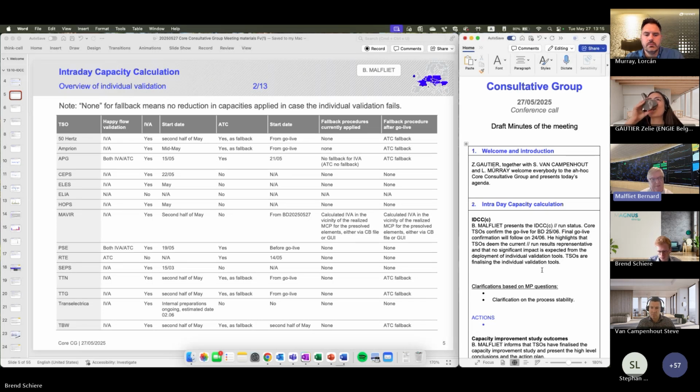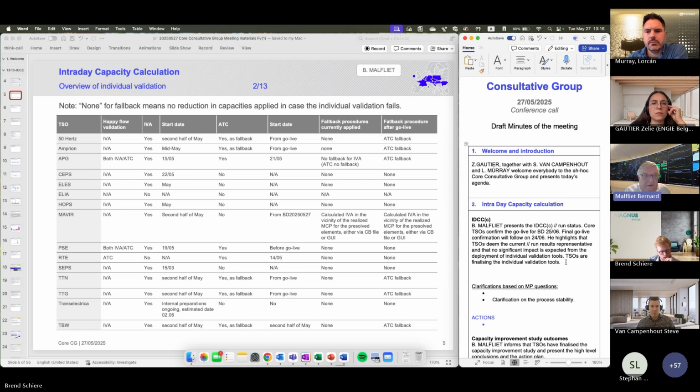In the meantime, of course, much testing has gone on. And the current estimation is that these local validations will have very limited impact on capacities. It's rather exceptional that there would be a validation necessary in the IDCC process. I think I explained this earlier. This is now a process which is based on the IDCF, which means that the whole coordination process on the ACF has run already. And the IDCF is taking the results from the ACF coordination as a continued coordination.